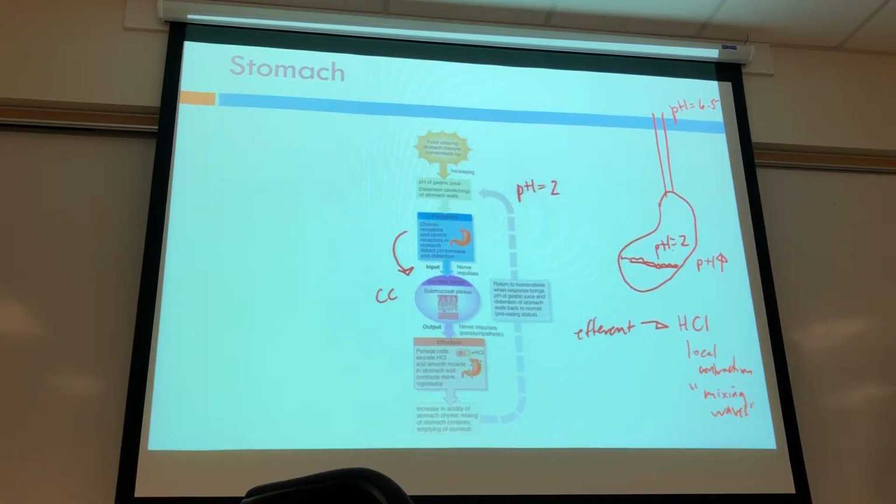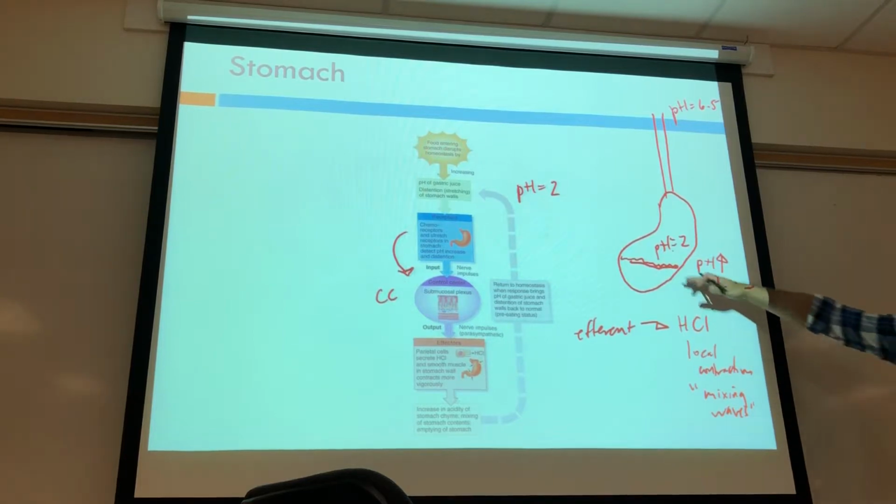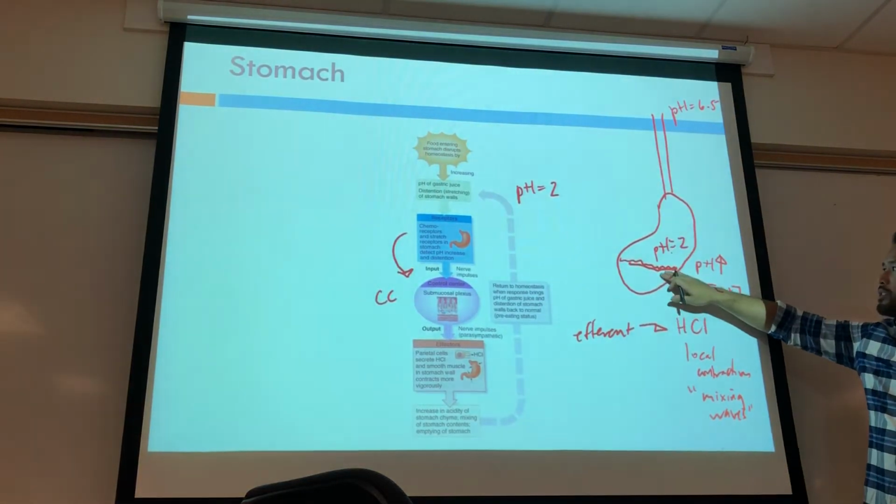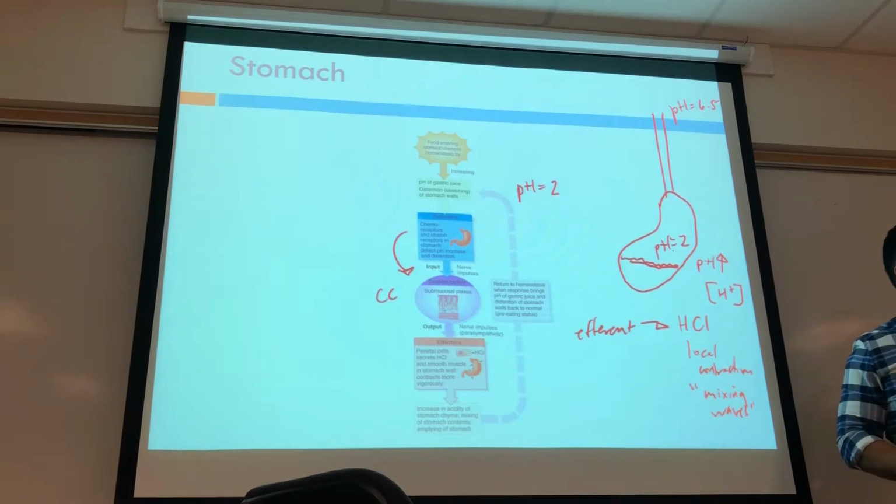So if I have a normally acidic environment, and I start dumping, let's just say water, what I'm doing to that pH, or in other words, to the concentration of hydrogen ions, is diluting it. Right? I'm starting to fill up that stomach with water and food. Now the pH in the stomach is going to rise.